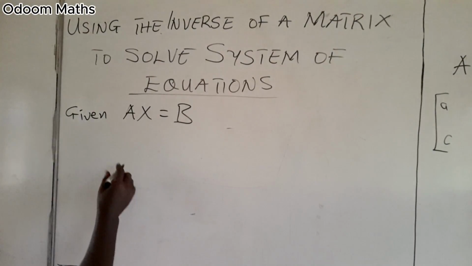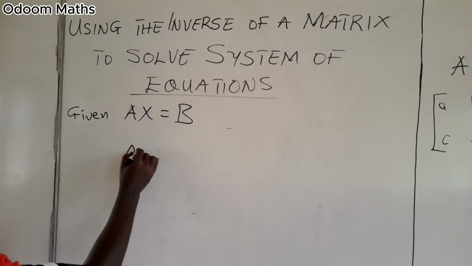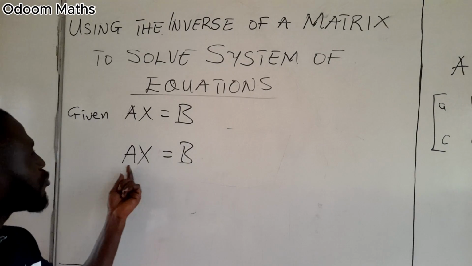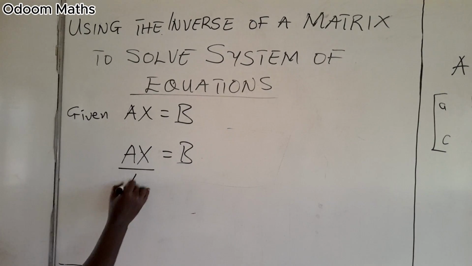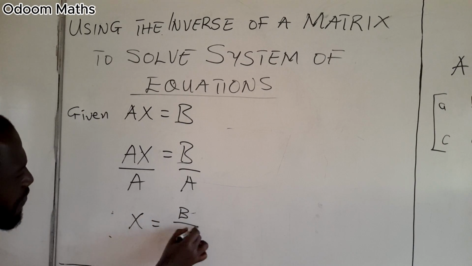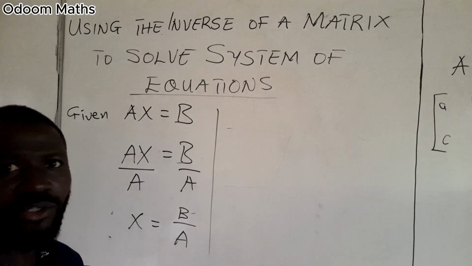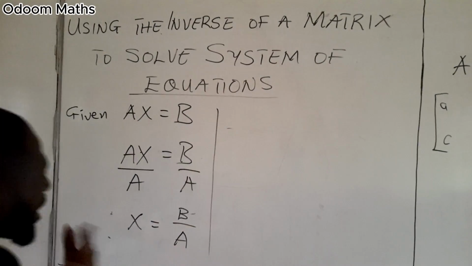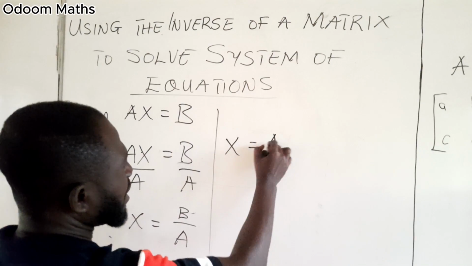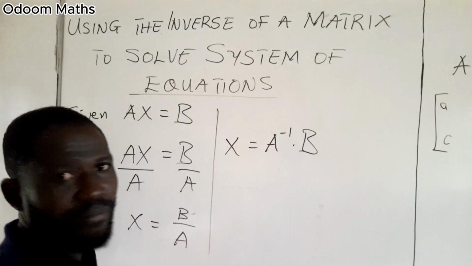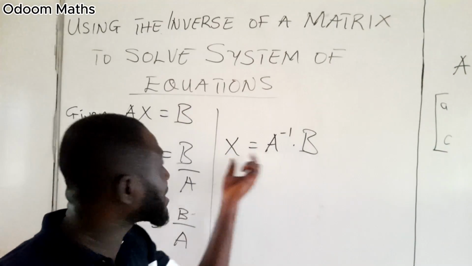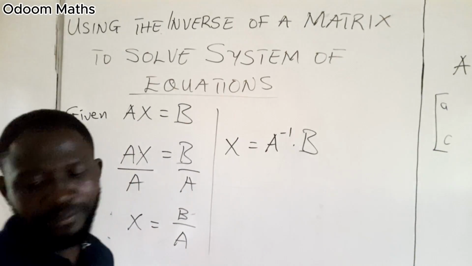So from this we have A times X equals B. We can divide through by A, so our X becomes B over A. Now we can also rewrite this in the form X equals A inverse times B. So it means that when you find the inverse of A and multiply it by B, we'll get the matrix X. So let's see an example.